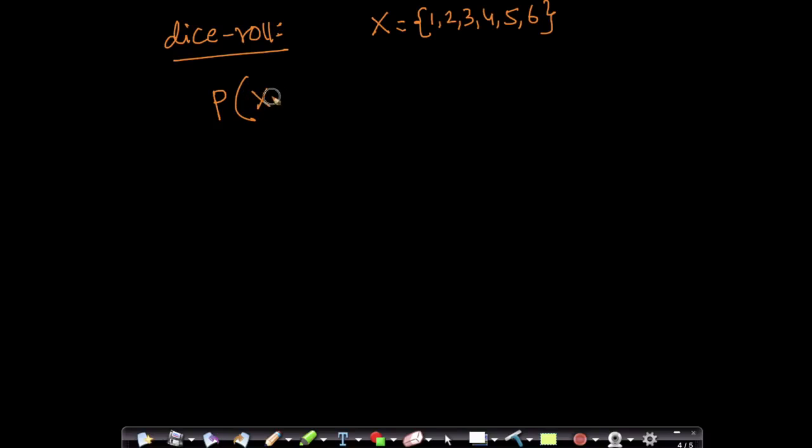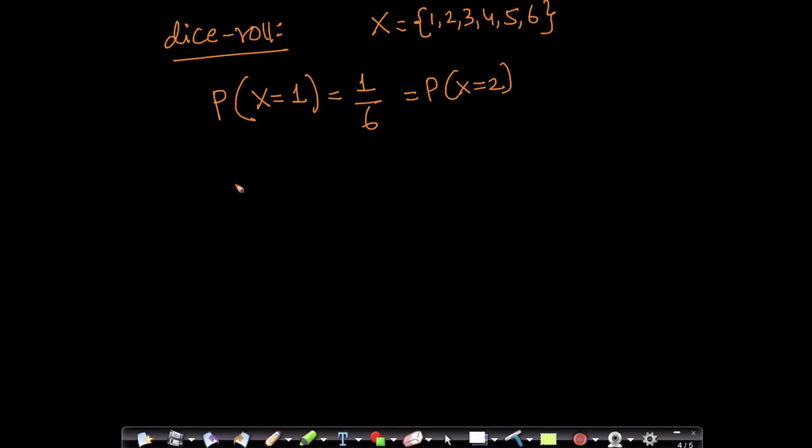So what is the probability that x equals 1? Since all these events are equally probable, there are 6 events, all of them equally probable, the probability that x equals 1 is 1 by 6. Similarly, the probability of x equals 2 is also 1 by 6.